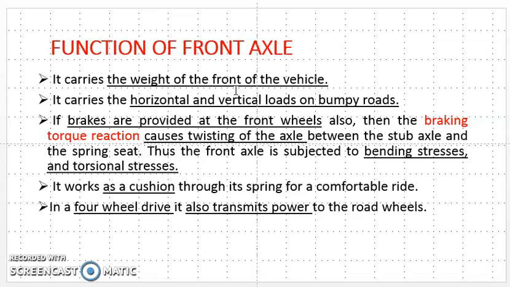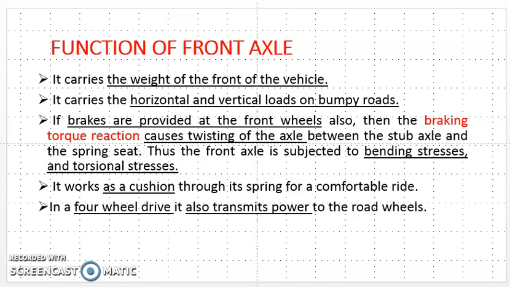When the brakes are provided with the front wheels, then braking torque reaction comes on this front axle, which causes twisting of the axle between the stub axle and the spring seat. In the main figure we have seen the position of the stub axle and the position of the spring seat, and in between them the axle gets twisted due to this braking torque reaction.